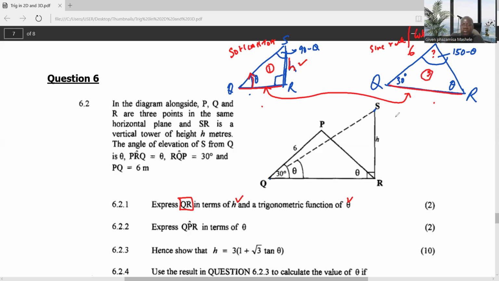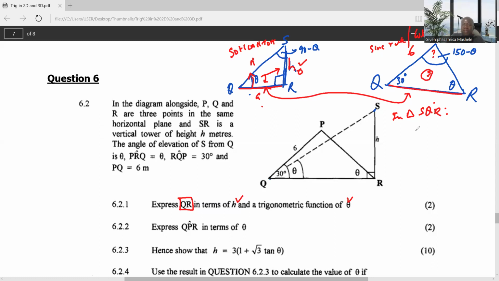To do that, we're going to say in triangle SQR, since this one is a right angle triangle, we can use SOHCAHTOA. So we are considering angle theta. So this is the opposite, the adjacent, and the hypotenuse. Let's check. The opposite is H, which is what we want. The adjacent is QR. So it means we must have H and QR. So we have to use tan here.